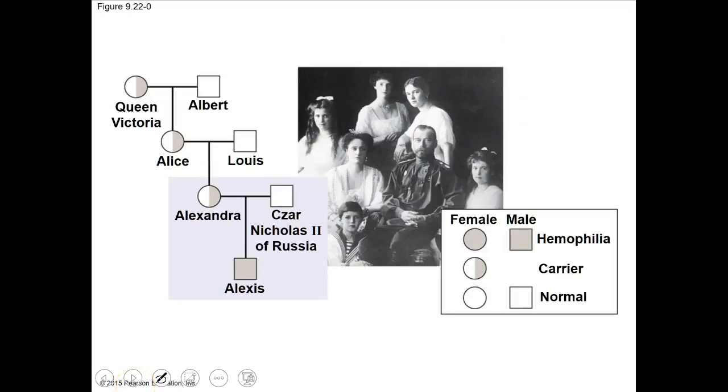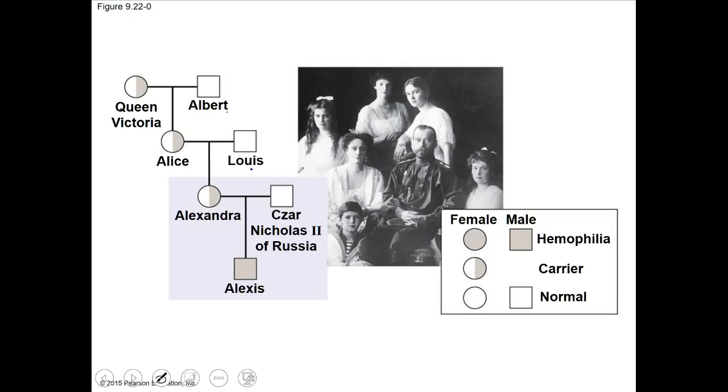So we can look at these things a little bit later on too, but they give us the carrier, they give us who's affected. Males are the squares when it comes to pedigrees. So males are always squares, it's terrible. But we had a normal male and Queen Victoria was a carrier. So her son Louis was fine, Alice was a carrier, not a big deal.